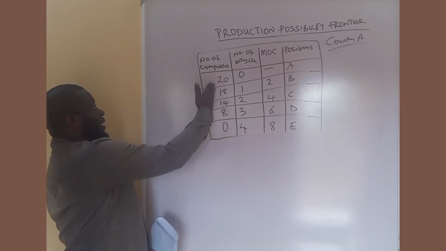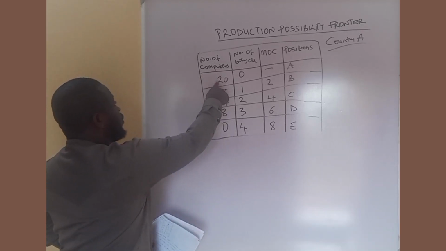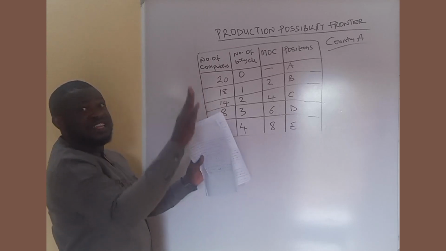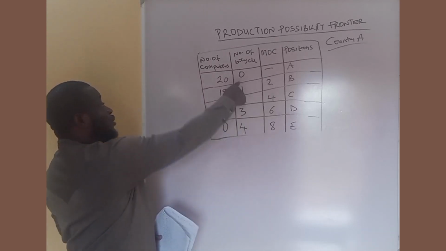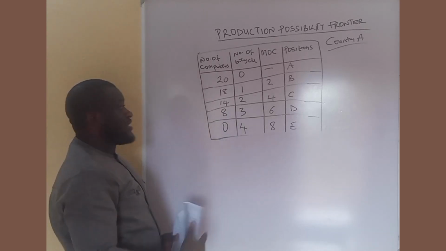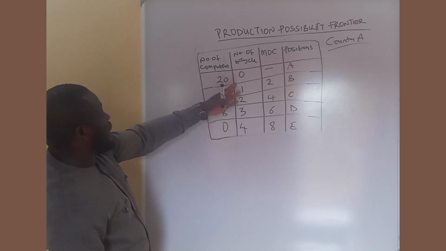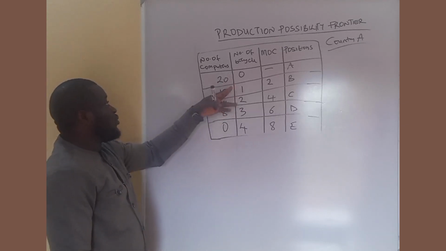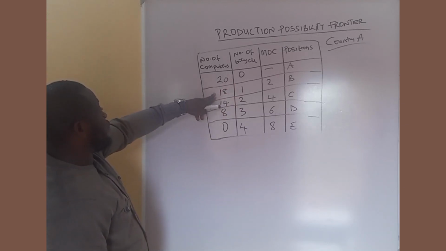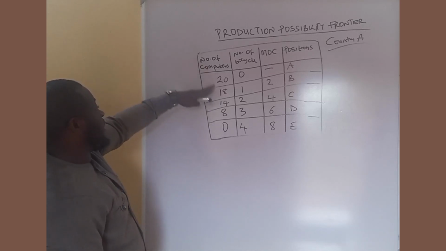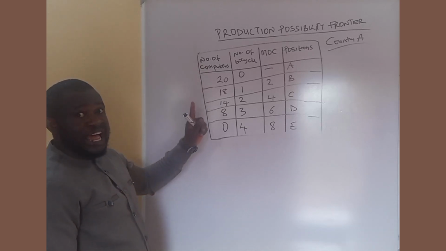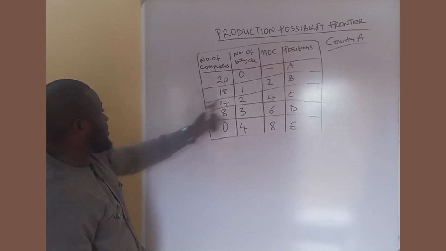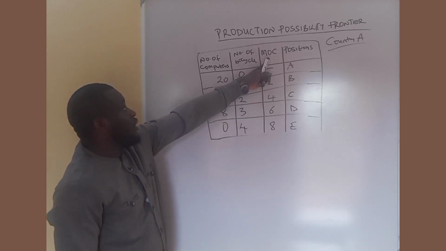For instance, when country A produces 20 units of computers using the available resources, it cannot produce any bicycle. So for country A to produce 1 unit of bicycle, it has to produce only 18 units of computers, meaning that 2 units of computers are going to be sacrificed, which is what we have as the marginal opportunity cost here.